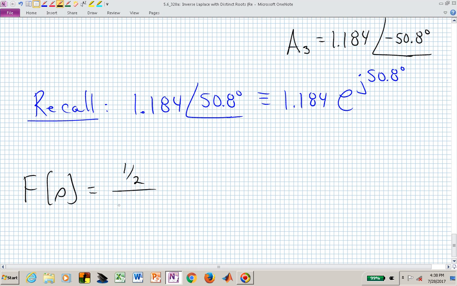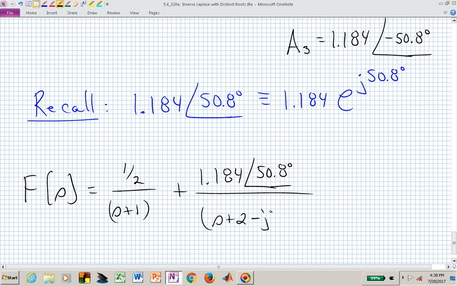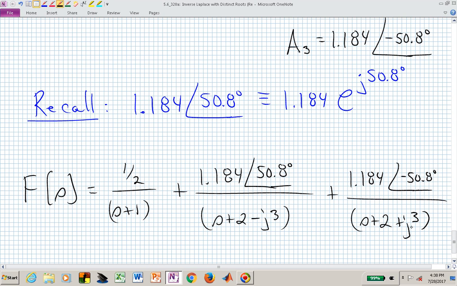The A1 was 1/2. That was sitting on top of the s plus 1 factor. But the a sub 2, which was 1.184 at an angle of 50.8 degrees, was sitting on top of the factor which would vanish when s was in the second quadrant. So this is s plus 2 minus j3, plus a sub 3, which has a minus 50.8 degrees, sitting on top of the factor s plus 2 plus j3.